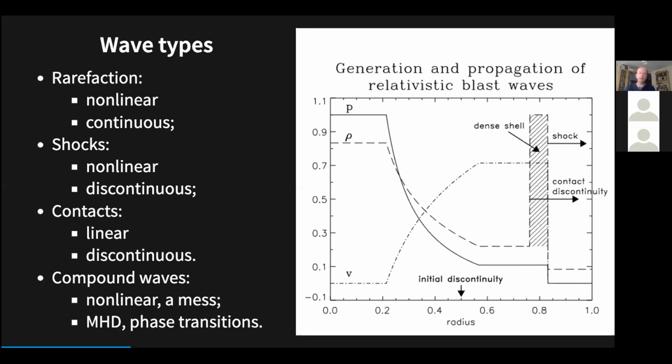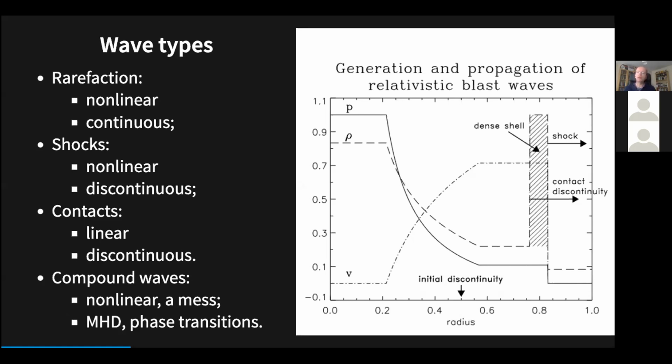So this wave is non-linear. It's associated with the acoustic speed, the V minus CS term, and it is continuous. So the data is spreading out. In hydrodynamics, this is referred to as a rarefaction wave. The material is rarefied as it expands.